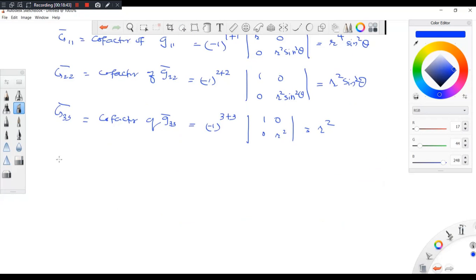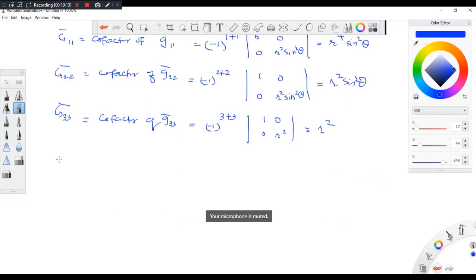And G bar 12 equal to G bar 13 equal to G bar 23 equal to G bar 21, G bar 31, G bar 32, all these will become 0. Okay, so use the same definition, you'll find that they will become 0.